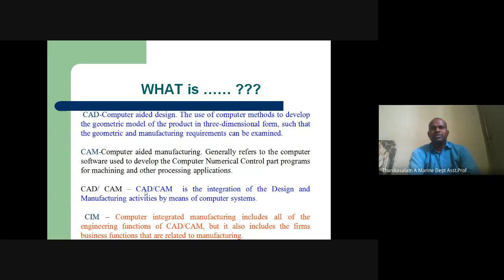For manufacturing, we need NC part programs, NC codes, numerical control codes. CAD CAM means integration of design and manufacturing activity by means of computer systems. CIM means computer integrated manufacturing, including all of the engineering functions of CAD CAM, but it also includes the firm's business functions that are related to manufacturing.